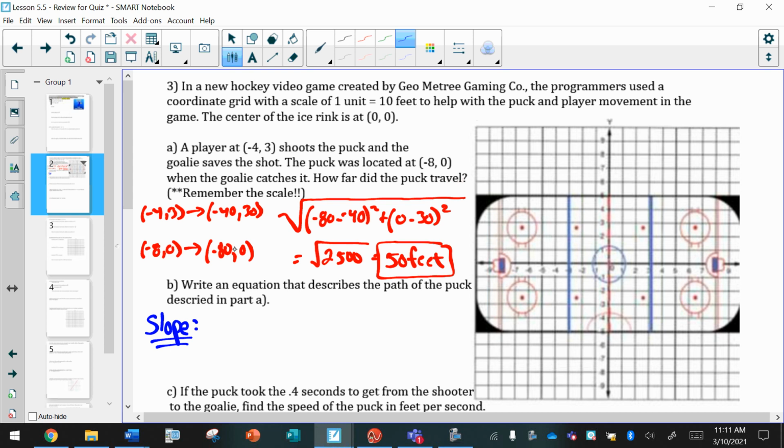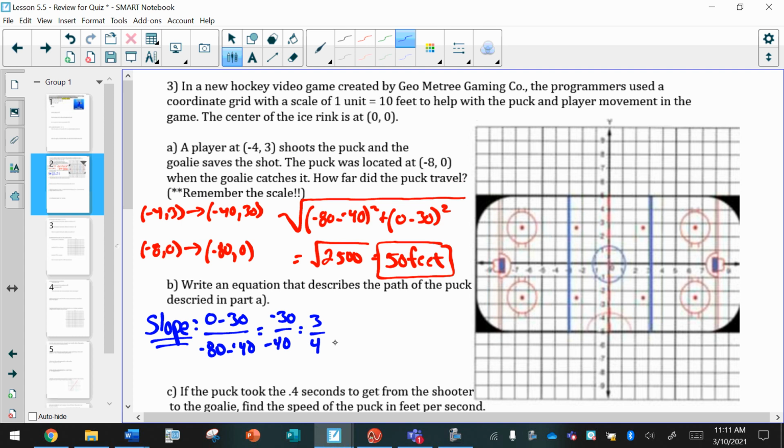If we use the -40, 30, -80, 0 points, y2 minus y1 over x2 minus x1, we end up with -30 over -40, which reduces down to 3 over 4. If you use the original points, you would have gotten 3 over 4 without having to reduce it.